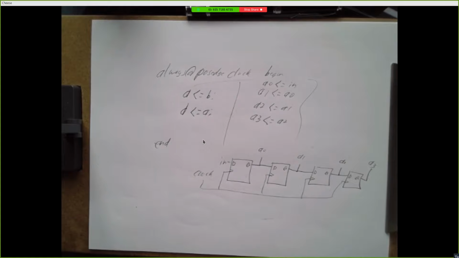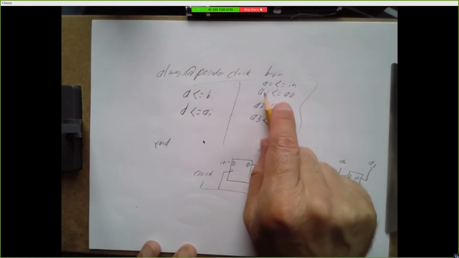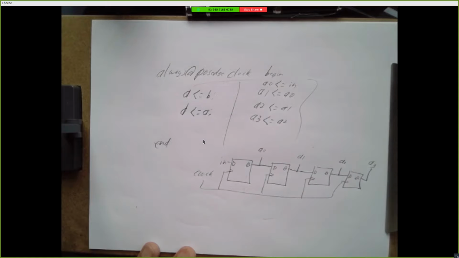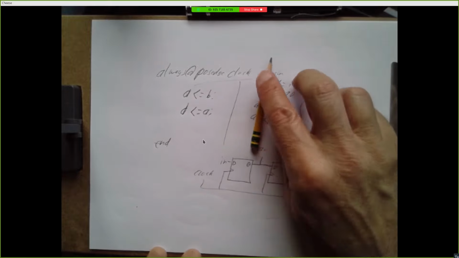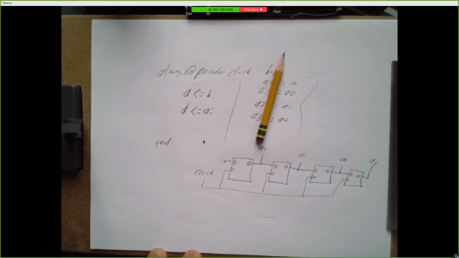And again, if this was C, in would copy to A0 and it would then get copied to A1 and A2 and A3. All of these would be equal to in after executing those 4 statements in C. That does not happen in Verilog, because it's not procedural. But this is a case where if you accidentally do A equals instead of A less than equals, this circuit will act totally differently.